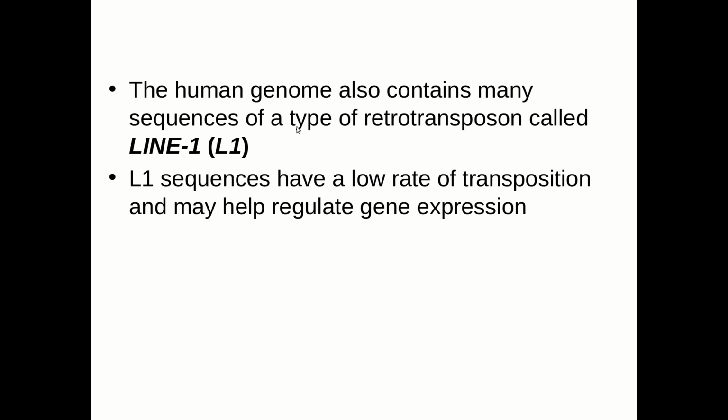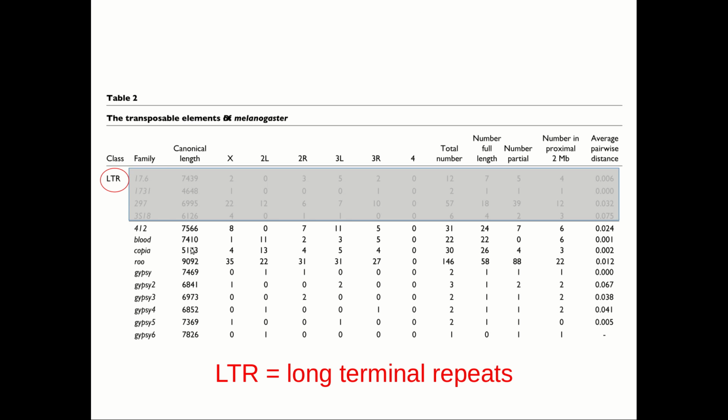There are many types of retrotransposons: LINEs, SINEs, L1, L2. There are different versions of this that's kind of beyond this class, but just realize that they exist. Long terminal repeats: basically you get these little repeats repeating many times next to each other, and you can expand the genome.